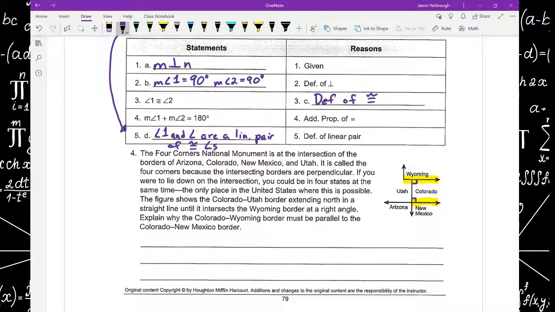The reason why this one would be parallel is the borders form same side interior angles that are supplementary. And that's honestly all you need. So that proves that those end up being parallel.